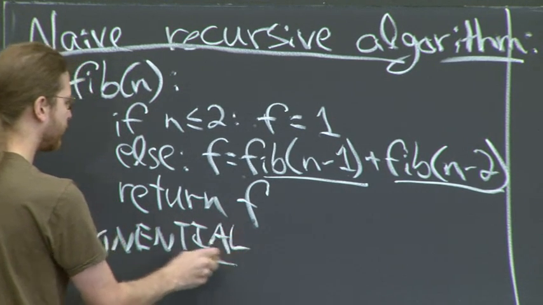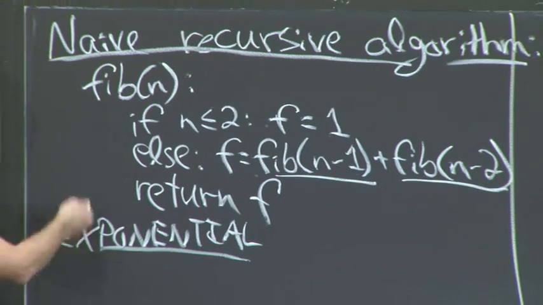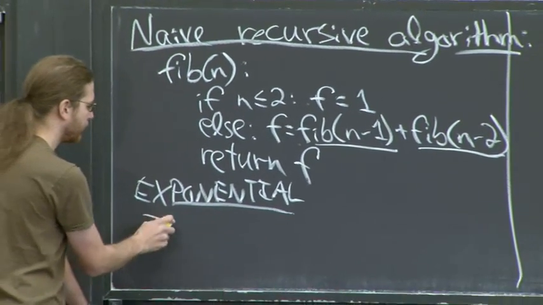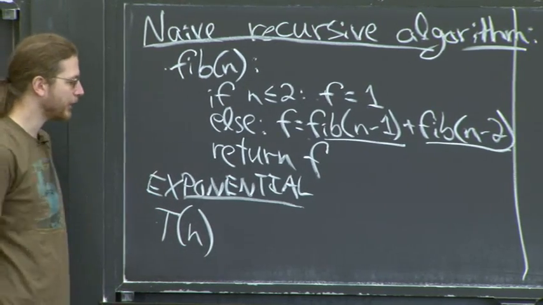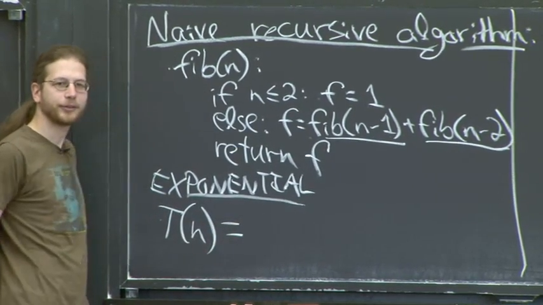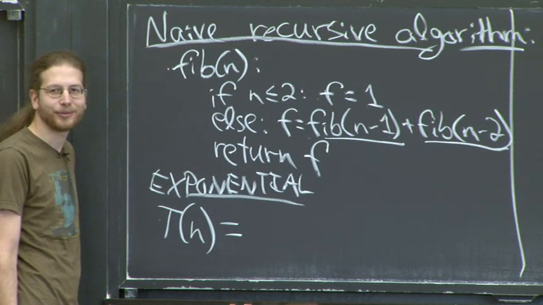How do we know it's exponential time, other than from experience? Well, we can write the running time as a recurrence. T of n represents the time to compute the nth Fibonacci number. How can I write the recurrence? Good throwback to the early lectures, divide and conquer.